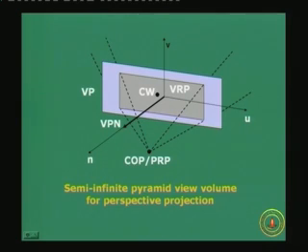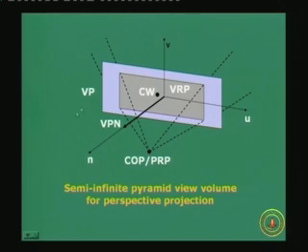You can visualize it the other way around, where rays come out of the center of projection, intersect the projection plane and go towards the object. Basically the light rays from the object have to come towards the projection plane, and these rays are not parallel anymore. They are parallel in the case of oblique, orthographic or parallel projection, but in perspective projection these rays meet at a point called the COP or PRP.